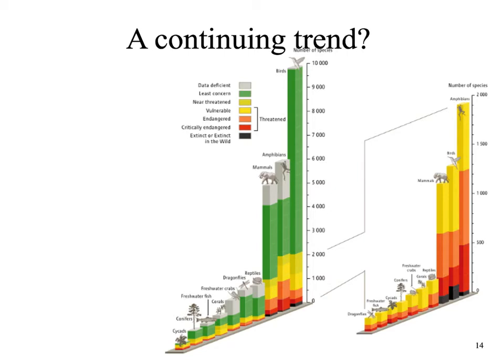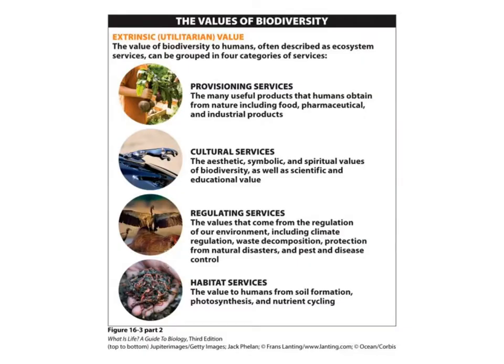We also see that many fish and other invertebrates like corals and crabs and dragonflies are in trouble. Reptiles have quite a few species in danger. But when we look at mammals, birds, and amphibians, we see huge numbers of species that are in danger of becoming extinct. These extinctions will have a massive effect globally, not just on humans, but on other species as well.